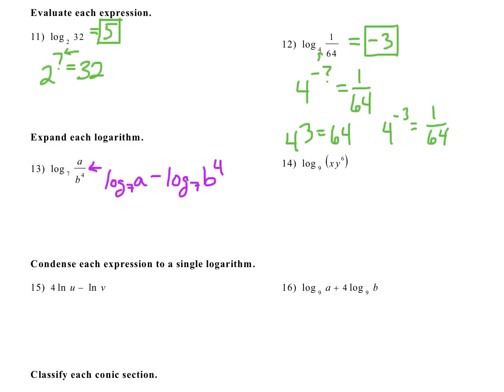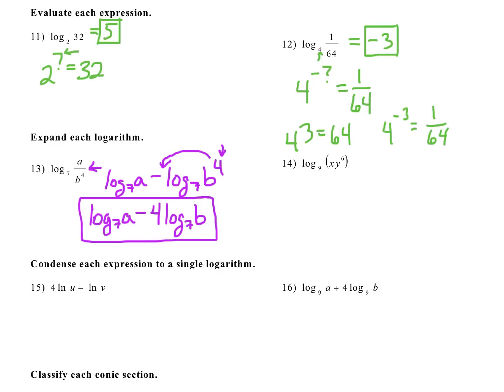Then I have the power property, which means that I take the exponent, and then that comes over here and becomes the coefficient on the front of that logarithm. So log base 7 of a minus 4 times log base 7 of b.